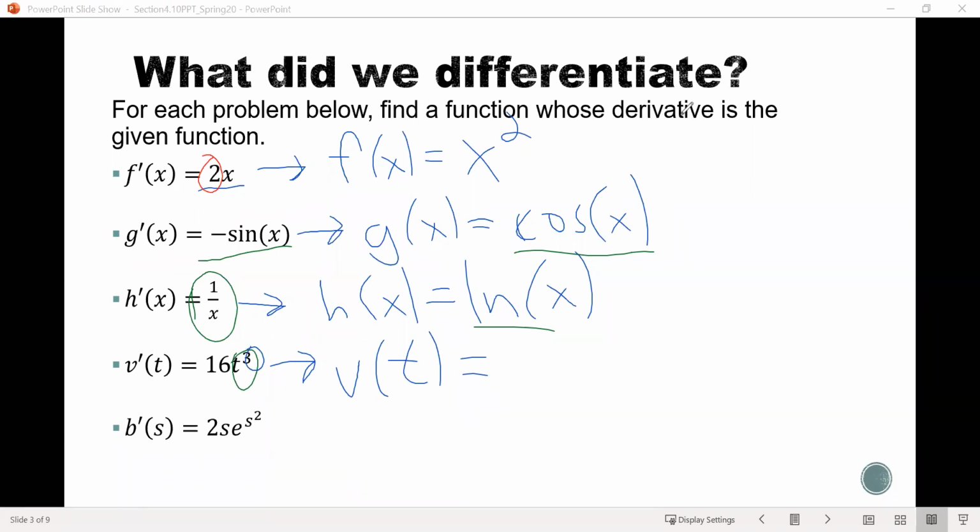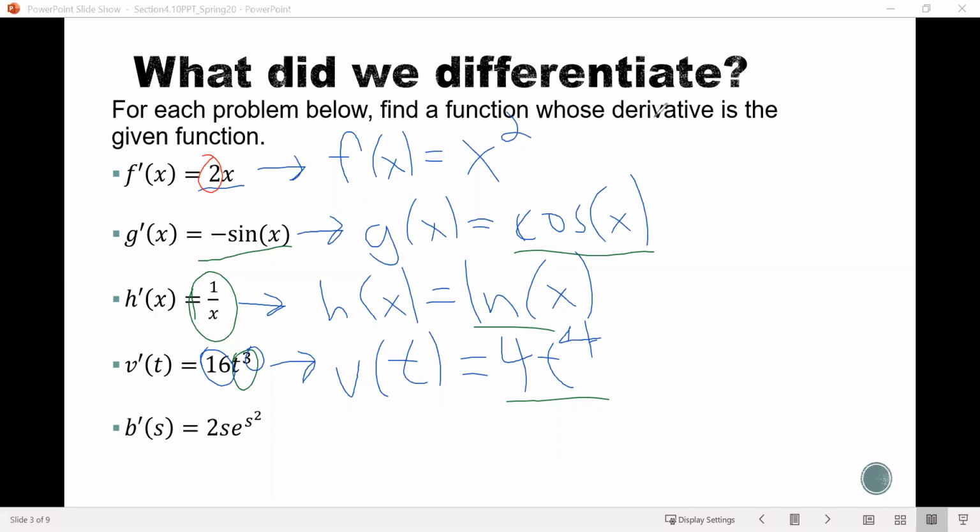But since we're going backwards here, we'll actually want to add 1 to that exponent. So it would probably be t to the 4th. And if that's true, then what would the coefficient need to be to give us this 16? That would be a 4. So we'd have 4t to the 4th, and if we check it, taking the derivative we do get 16t cubed.